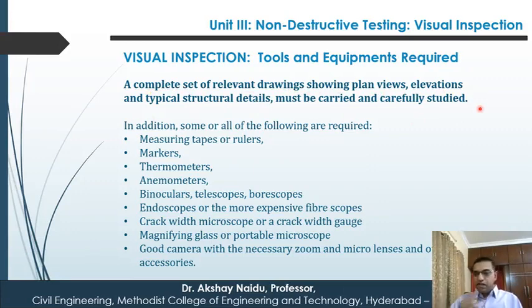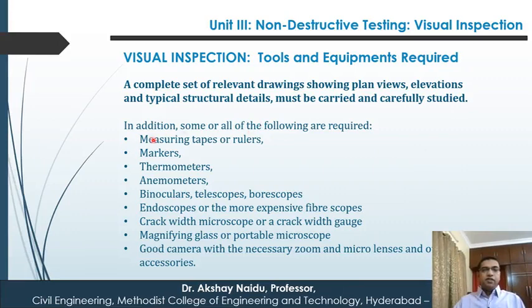In the planning stage itself, we discussed in the previous lecture that the relevant drawings have to be collected, and before a visual inspector goes to the site, he has to carefully study all the relevant drawings, architectural drawings, the structural drawings, and finally the as-built drawings. That means if there are changes from the architectural and structural drawings, the final as-built drawing must also be considered.